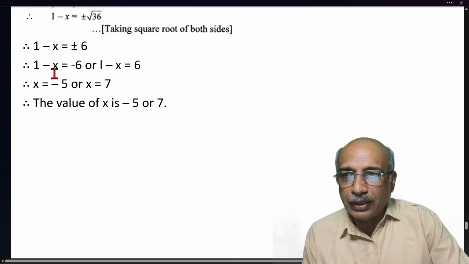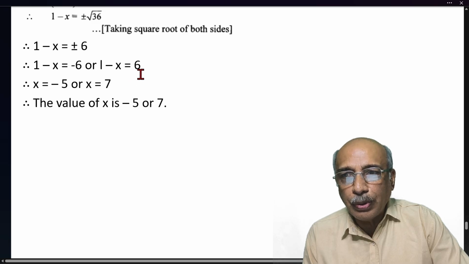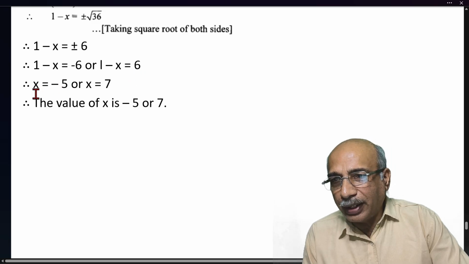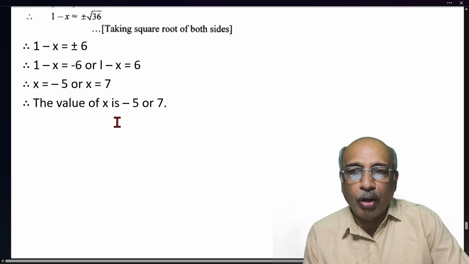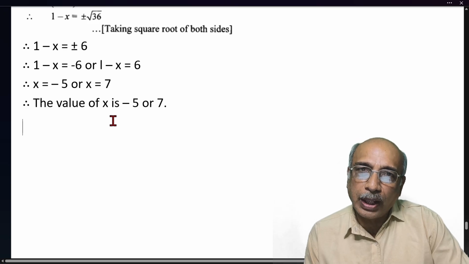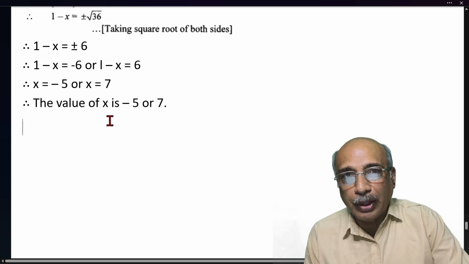Therefore, 1 minus x equals minus 6 or 1 minus x equals plus 6. Simplifying this, you will get x equals minus 5 or x equals 7. Therefore, the value of x is minus 5 or 7. Both are applicable. We have seen in quadratic equations that we get two values.